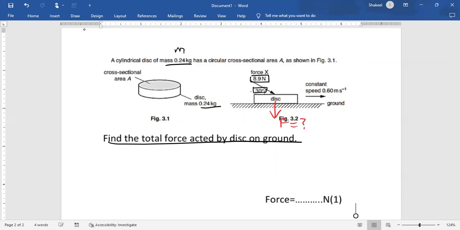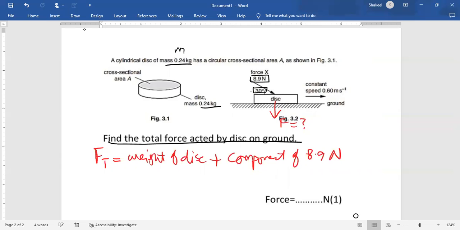Clearly, the total force that the disc exerts on the ground consists of the weight of the disc plus a component of 8.9. Why a component of 8.9? Because 8.9 is not acting vertically downward. You have to resolve this 8.9.